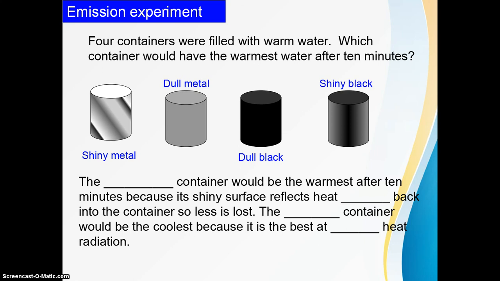So now we can have an emission experiment for radiation. We can have a simple experiment. Four containers are filled with warm water. Which container would have the warmest water after 10 minutes?